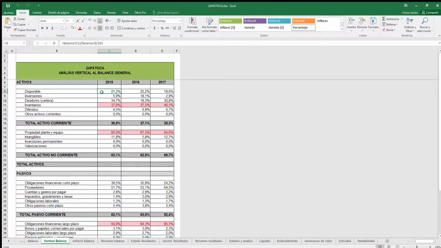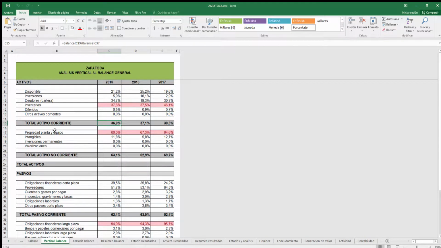In this case, for example, this percentage is done by dividing the available money of 2015 by the total of current assets, and this process is done with all of the items.